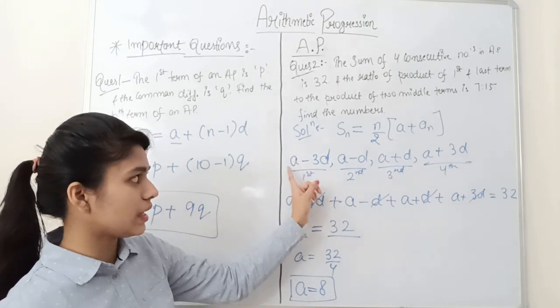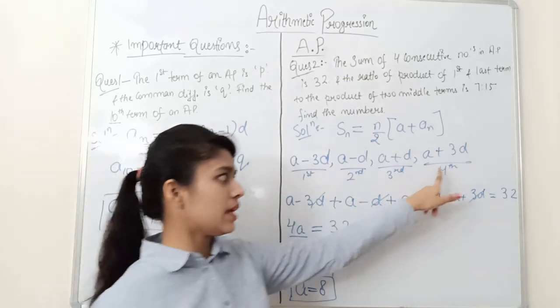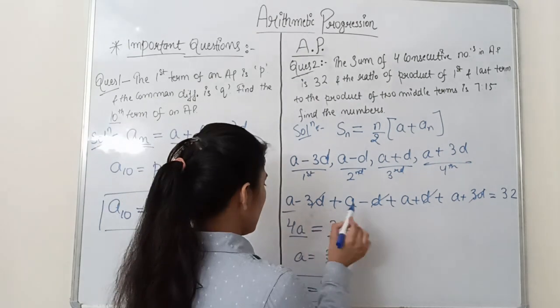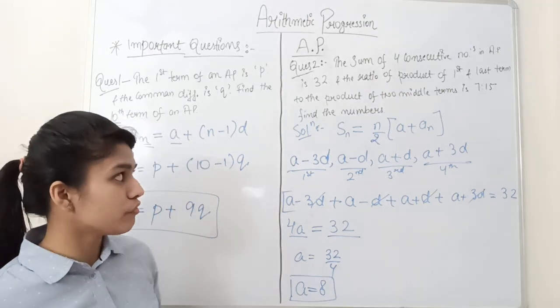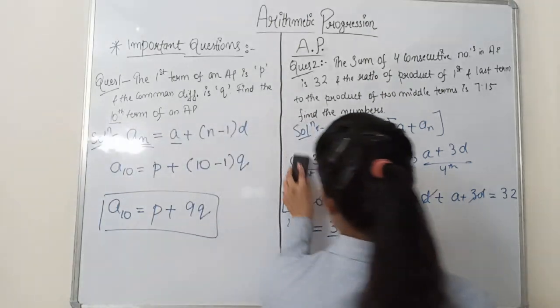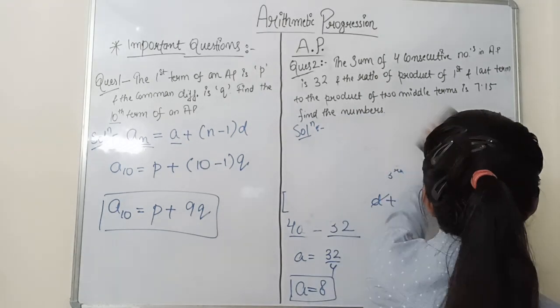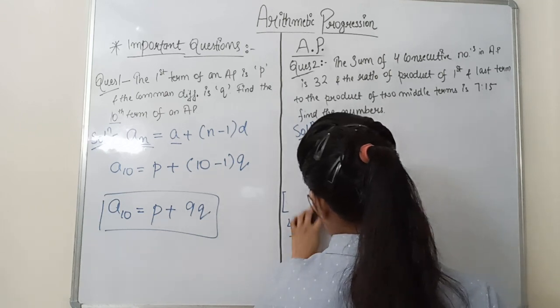The terms are a minus 3d, a minus d, a plus d and a plus 3d. While adding these four terms we found the value of a. Now in the next step we will write the condition already mentioned in the question.